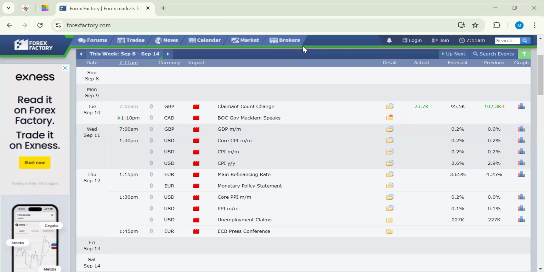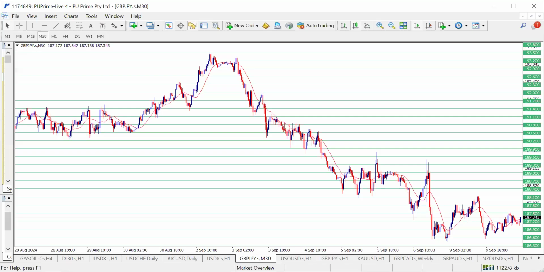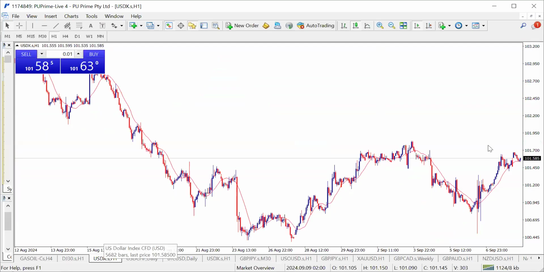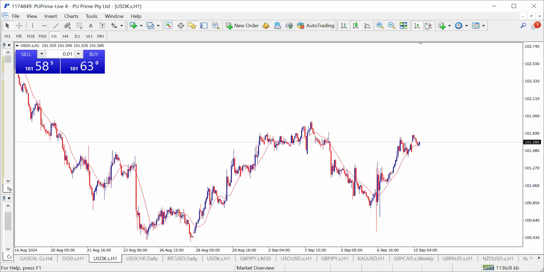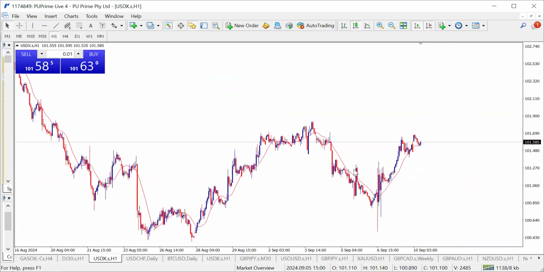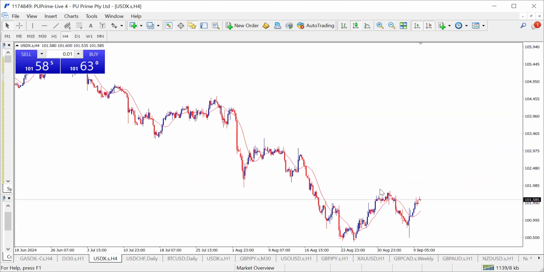So, having said this, now let's move over to the technical side of things to see some of the technical tendencies we tend to get in the market this afternoon. As usual, I'm always going to start from the DXY. So, let's take a look at what the DXY is doing. I will start off from the daily time frame.